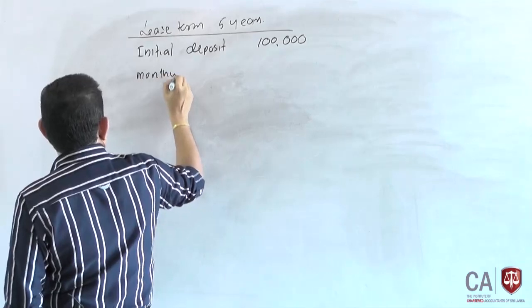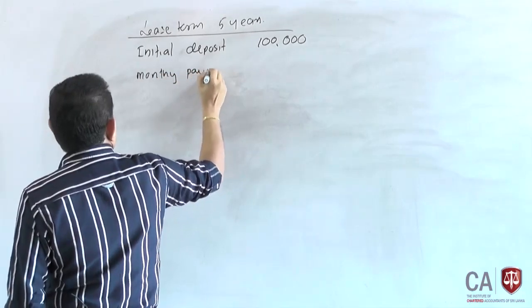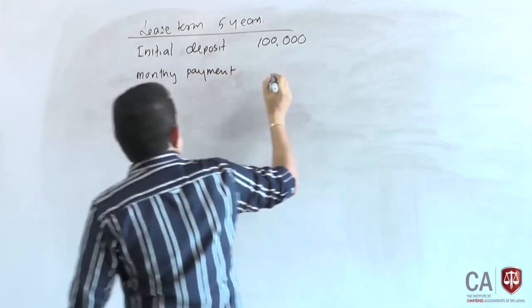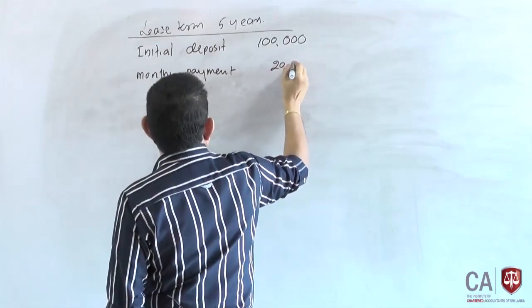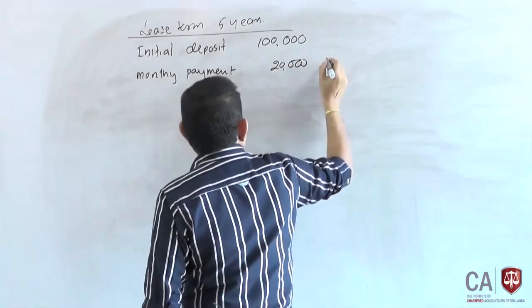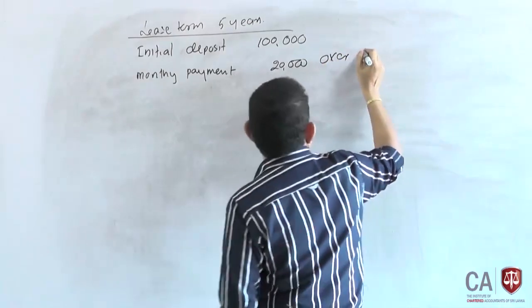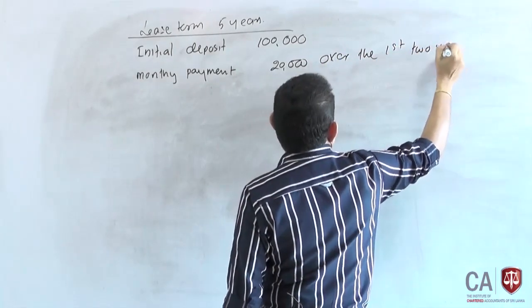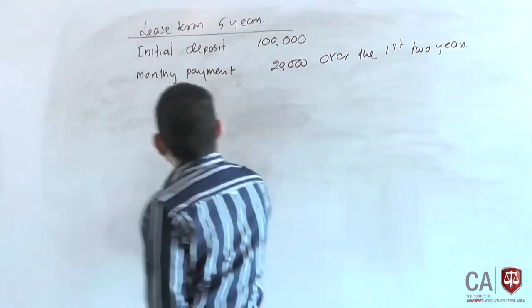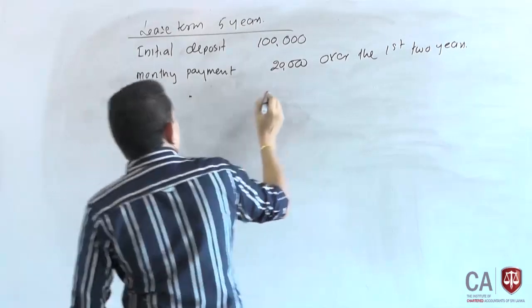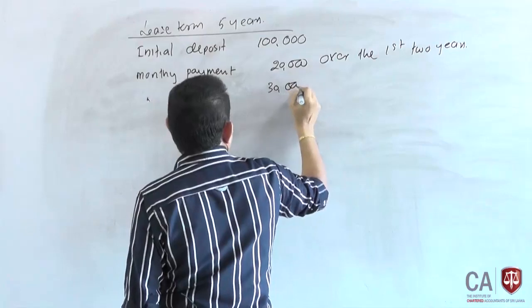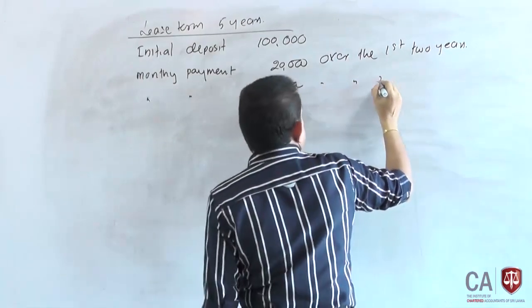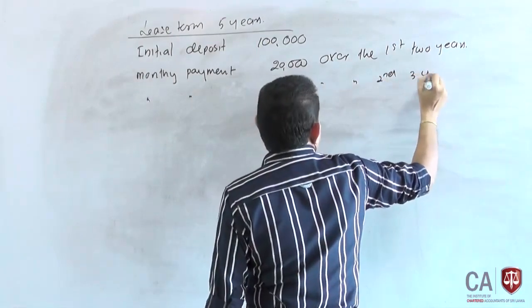Monthly payment: 20,000 over the first 2 years, and monthly payment should be 30,000 over the second 3-year period.